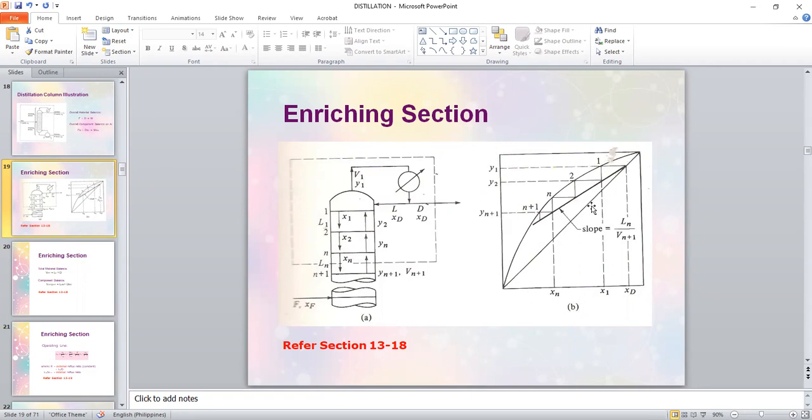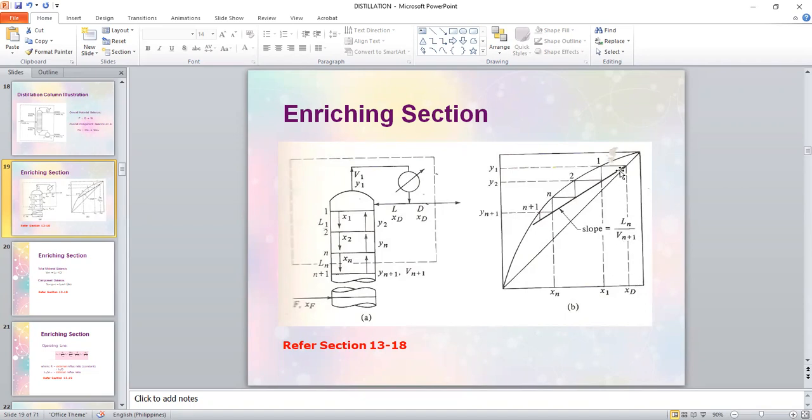This 45-degree line is already pre-drawn in all equilibrium diagrams. If not, if you will be the one to construct this curve out of the pair values of X and Y, then you just draw the 45-degree line on the curve that you have plotted. You draw that particular line and then you project on that line the X sub d.